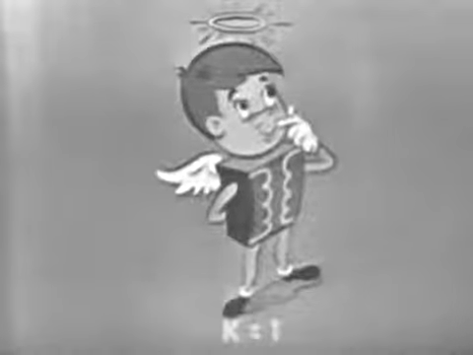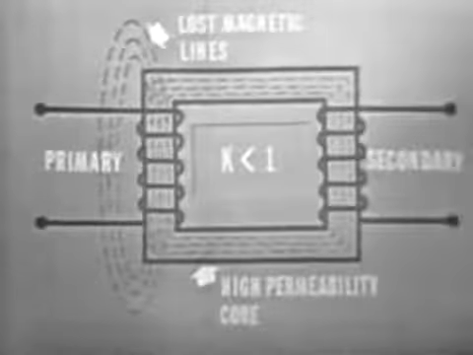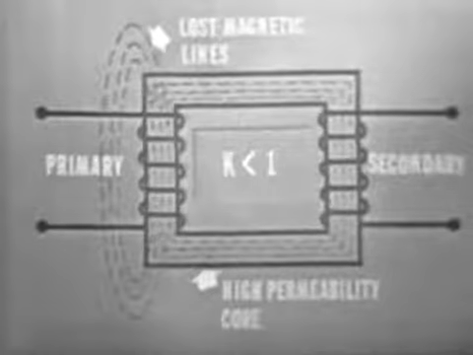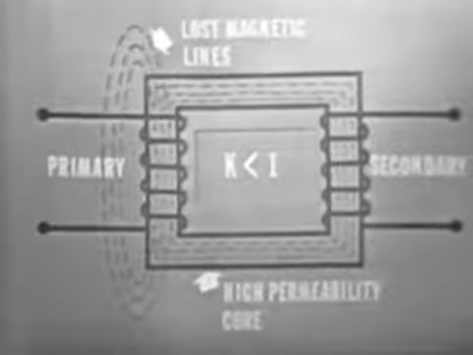Now, if all of the magnetic lines produced by the primary coil of a transformer were to cut the secondary coil, the coefficient of coupling then would be 1. The coefficient of coupling for an ideal transformer is also 1. However, even with high permeability iron cores, a few of the magnetic lines fail to cut the secondary and are, in effect, lost.